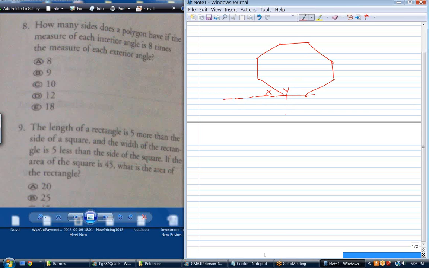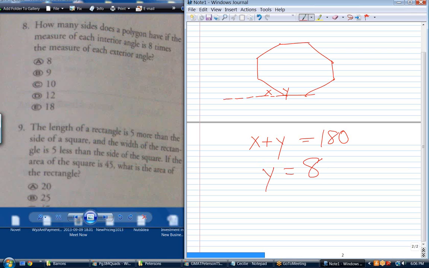In other words, x and y have to add to 180. And y is equal to 8x. There's my two equations.